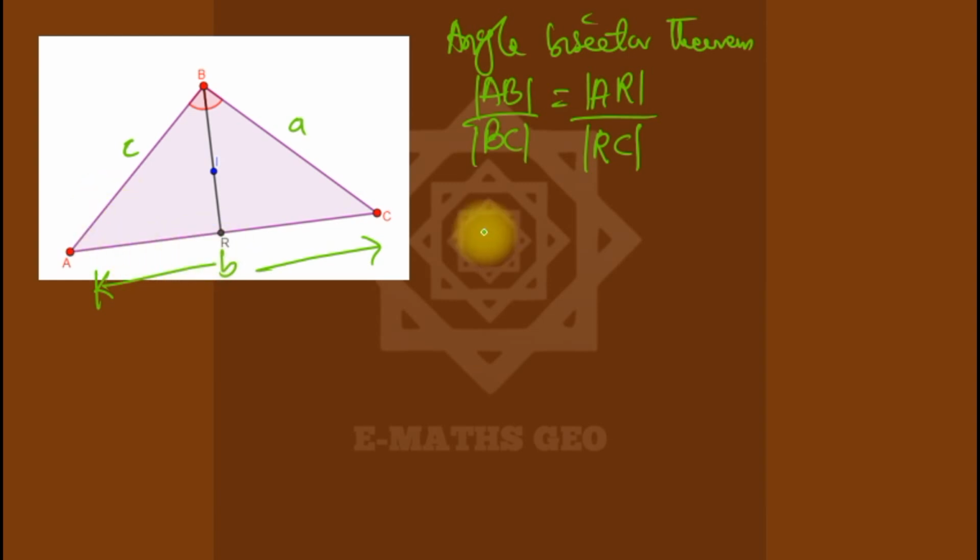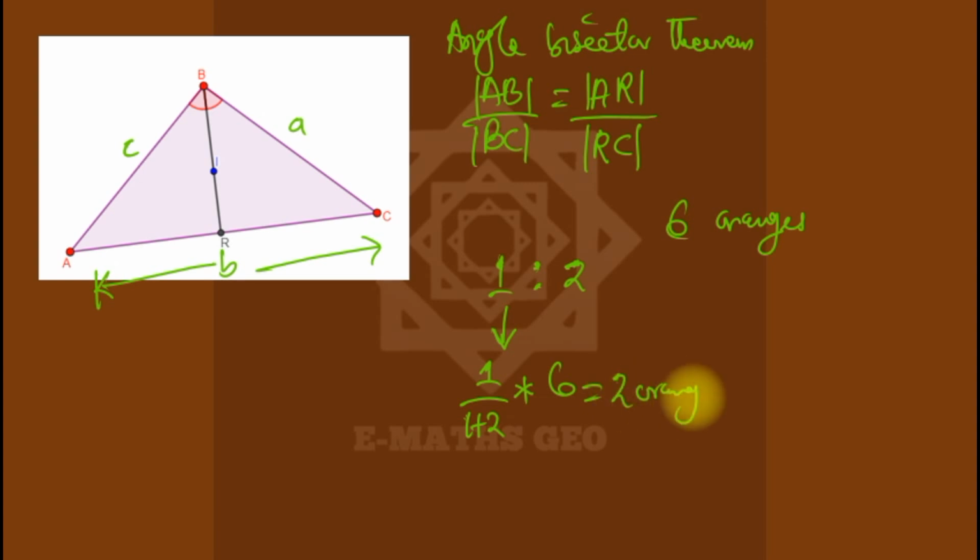Assuming you are given 6 oranges and you have to divide them in the ratio of 1:2 between 2 persons, the first person will get 1 over 1 plus 2 times the total number of oranges, so 2 oranges, while the second person will get 2 over 1 plus 2 times 6, which is 4 oranges. That is the same as the ratio 1:2.